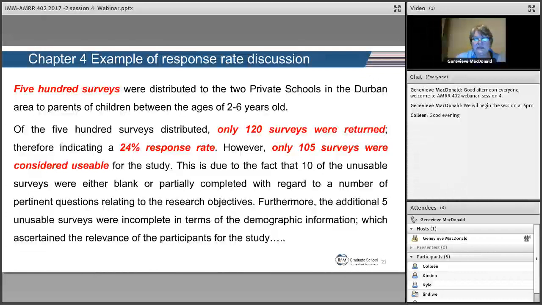For instance, very important, if you had screening questions, you were looking for parents of children between those particular ages. And if they were not parents or guardians of those aged children, that would not be a suitable population for your specific study.